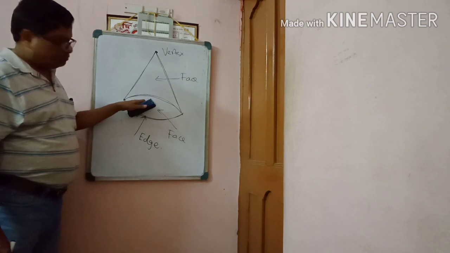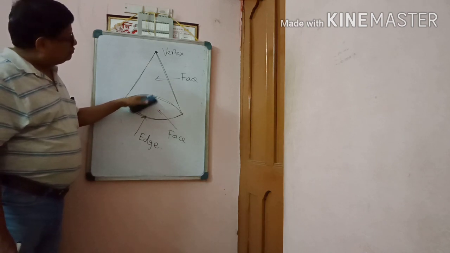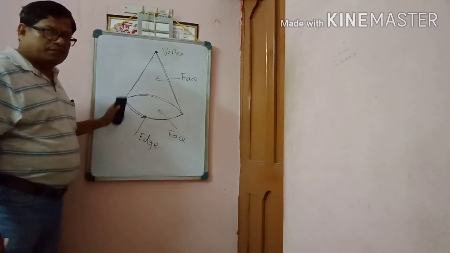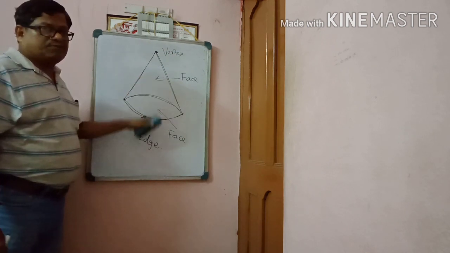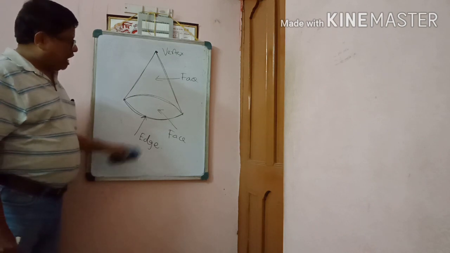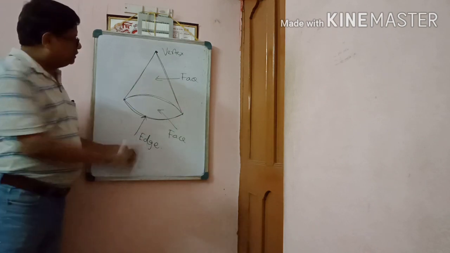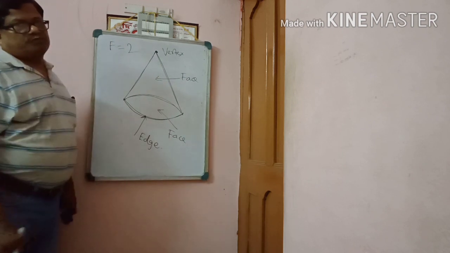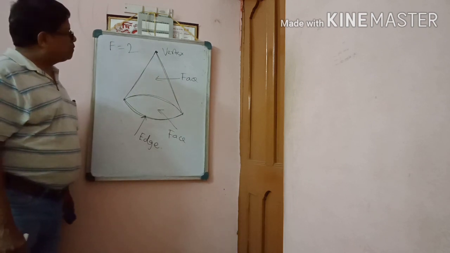Two, three, 2 plus 1 is 3. See, Euler's formula is applicable, verified. How many faces? 2 faces. So F equals 2.